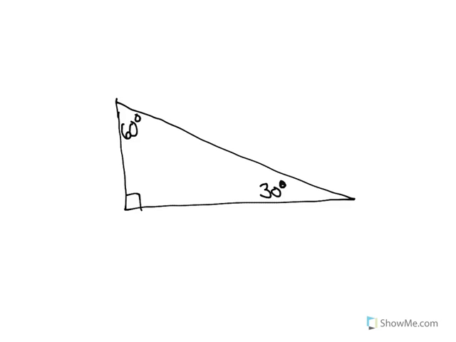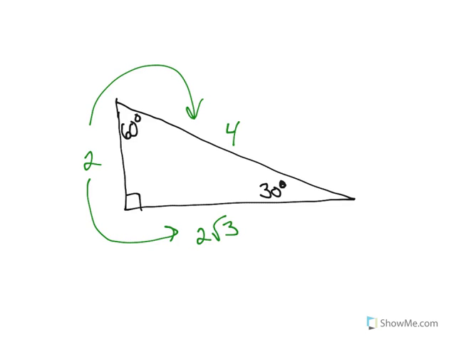And let's say they told me the short leg, the one across from the 30, is a 2. So how do I get to the hypotenuse? I just want to double it, so that will be 4. And how do I get to the one across from the 60? Multiply it by radical 3, so that will be 2 radical 3. And there's going to be your 3 side lengths.